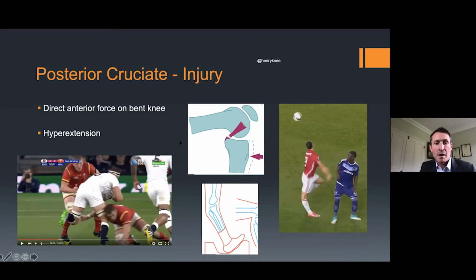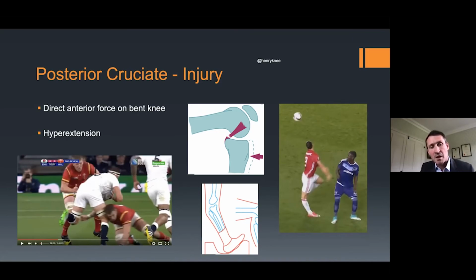The rugby players tend to suffer this when they're being tackled. The tackle from the front, like the picture in the bottom left-hand corner, we see in rugby union, rugby league. So we see more PCLs traditionally in rugby players than footballers.